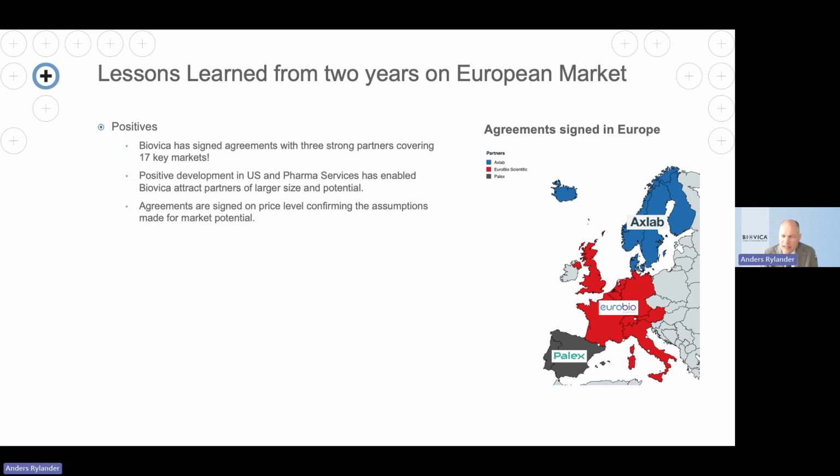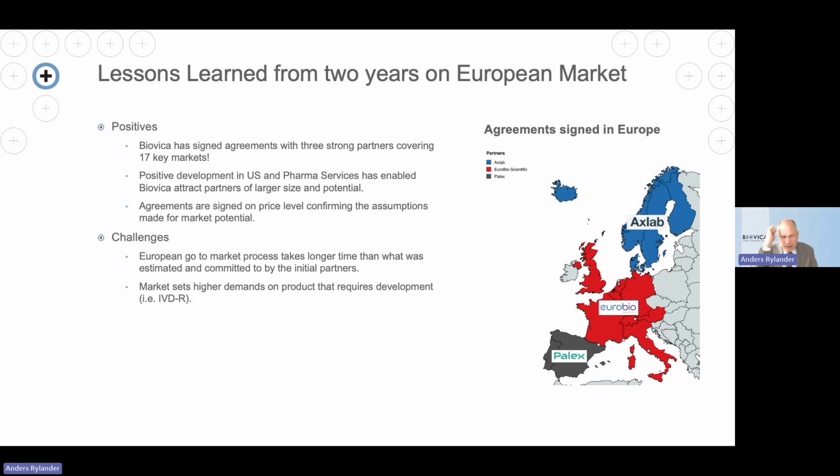We've been able to attract partners of higher quality with greater potential, that we believe have a strong probability of success and are also very committed to go to market. And when it comes to our price assumptions on the European market, we've been able to agree on the levels that we've used for our market potential estimates.